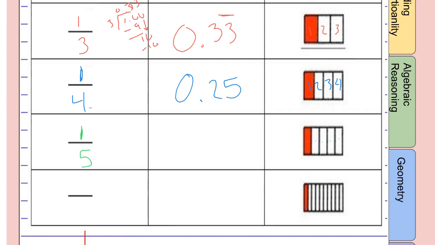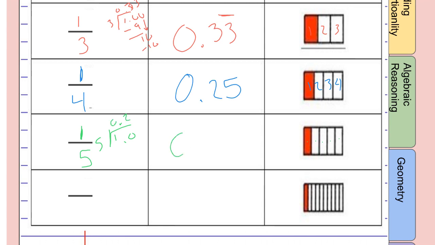Okay, the next one we have here, 1 is shaded again out of 1, 2, 3, 4, 5. So we have 1/5. Okay, this time I'm going to think about money again, or I can divide it out. Okay, so we're going to put 1.0 on the inside, 5 on the outside. Okay, and 5 goes into 10 twice.